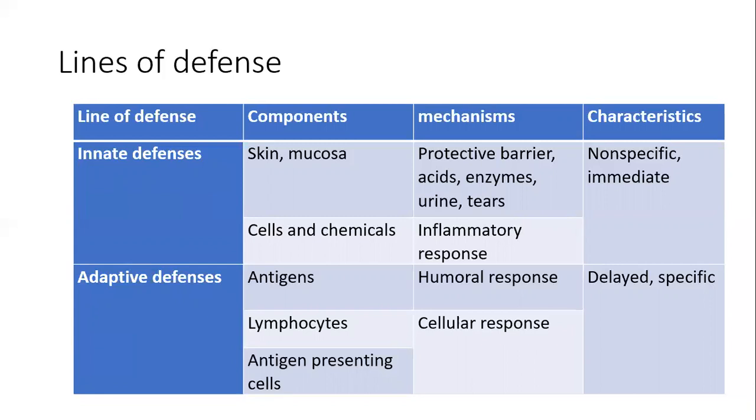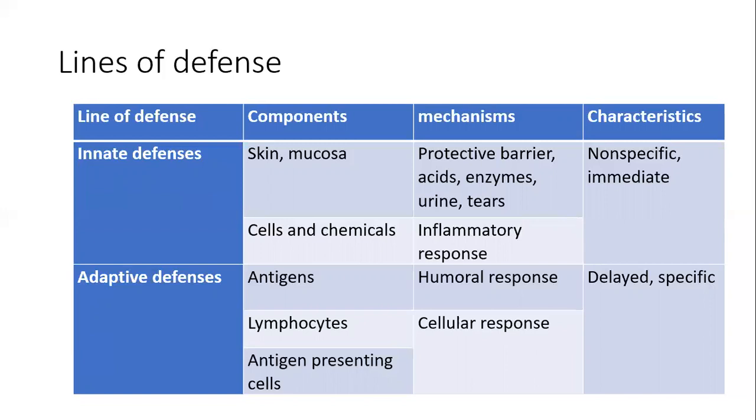So then the adaptive defenses include antigens, which is part of the humoral response. And antigens, that's where the antibodies hook onto those. That's how the immune response knows what to attack. It's delayed and it's specific. Lymphocytes are another part of the adaptive defense. They play a dual role because they participate in both the innate and adaptive responses.